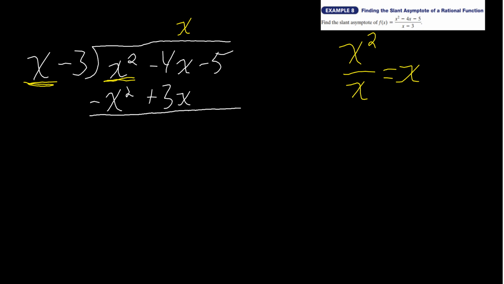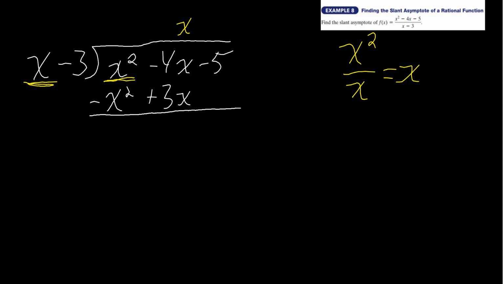That positive x squared turns to a negative x squared. That negative 3 turns to a positive 3. If you do that every single time, then you won't make mistakes.